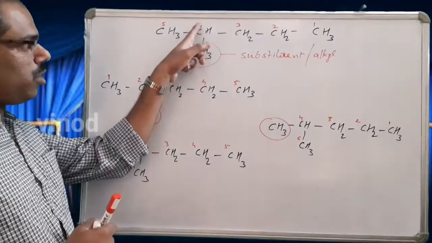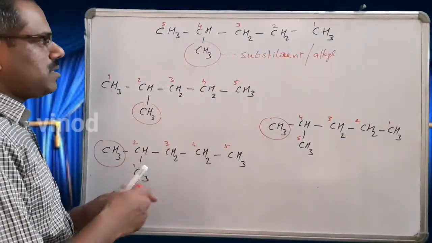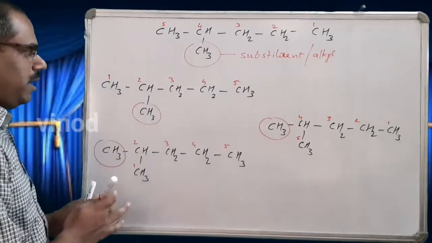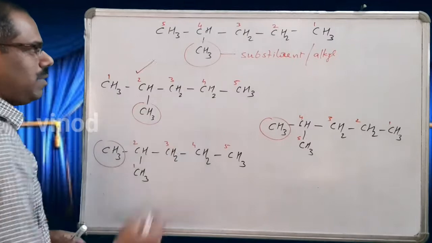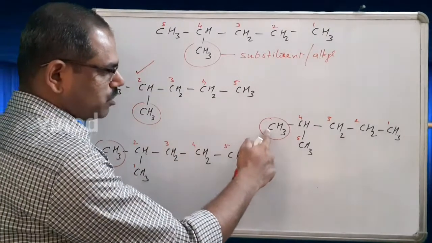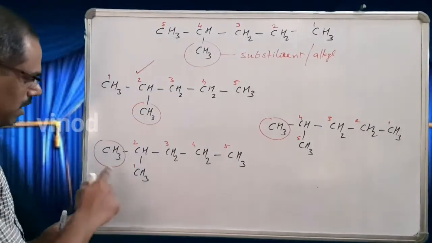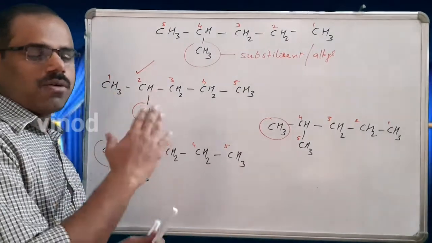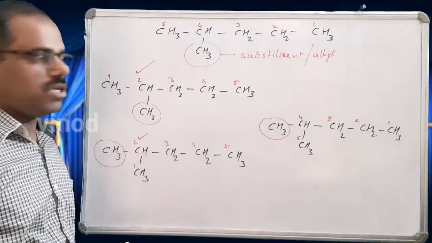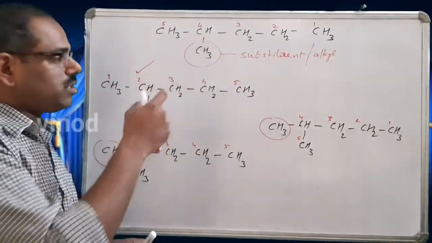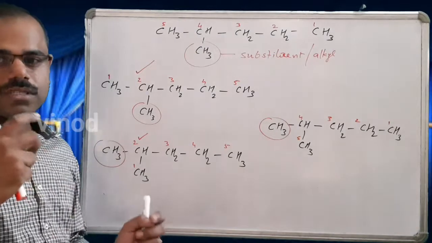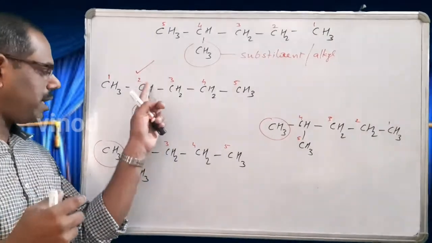Here the substituent is at the 4th number, and here the substituent is at the 2nd number. So we have got 2 positions: the 4th position here and here, or the substituent at the 2nd position.